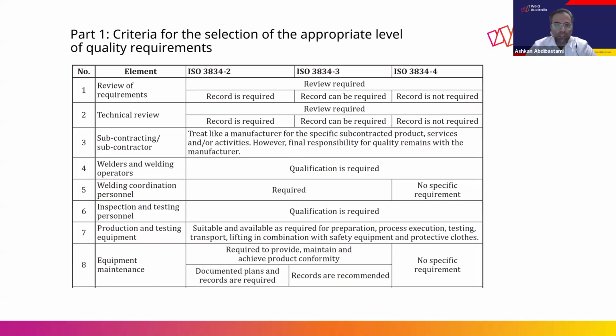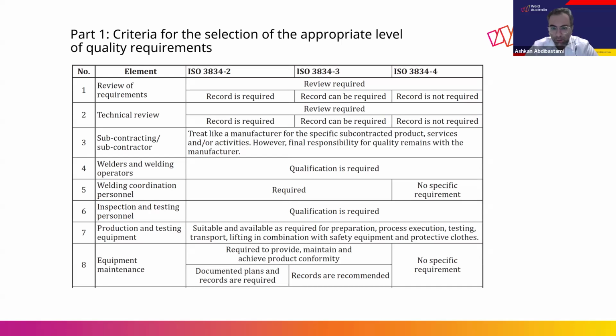As you see here, the first item, review of requirements, second item, technical review. If the company is going to get part 2, ISO 3834 part 2 certification, as you see, a record is required. So the record is the checklist. Regardless of the project and the value of the project, if the company wants to comply with part 2 and the scope of the production needs to comply with part 2, the checklist needs to be provided.